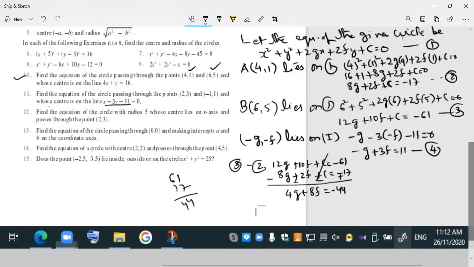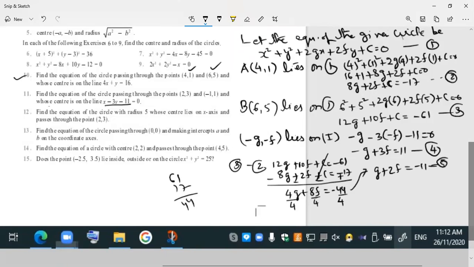Just check if it is divisible by any number. It is divisible by 4, all terms can be divided by 4. So this will give you equation number 5: G plus 2F equal to minus 11, equation number 5.